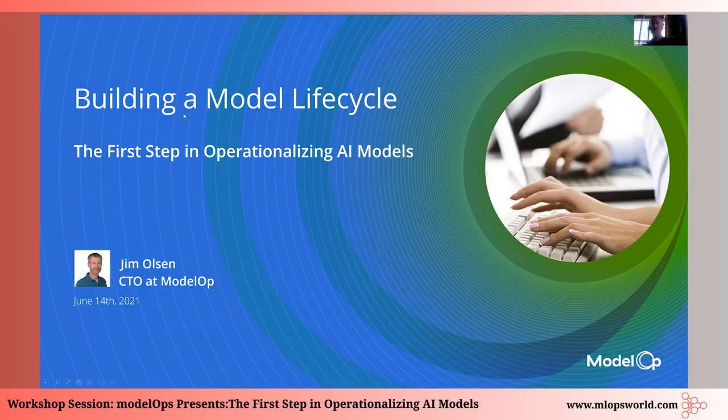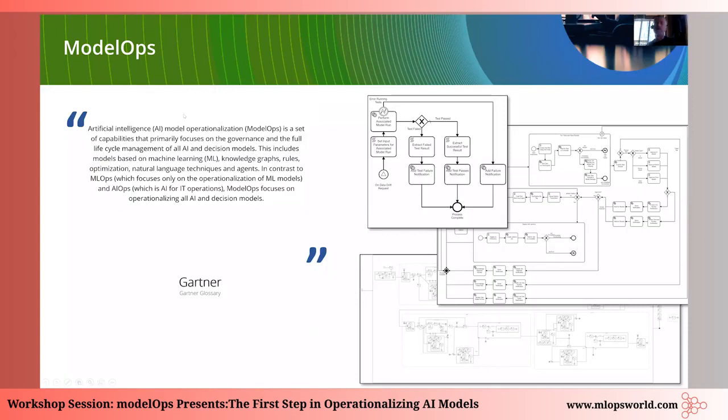So with that, let me see if I can get it to advance the slide. There we go. One of the key things we're looking at today is ML world and MLOps, which you hear a lot about. But ModelOps is kind of a superset of the capabilities of MLOps. MLOps initially only applies to artificial intelligence and machine learning models, whereas ModelOps goes way beyond that.